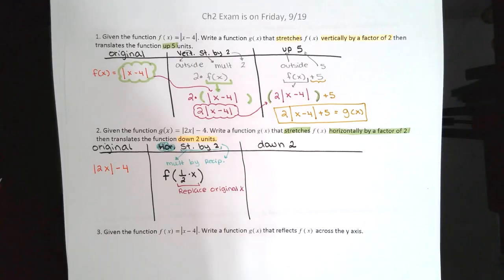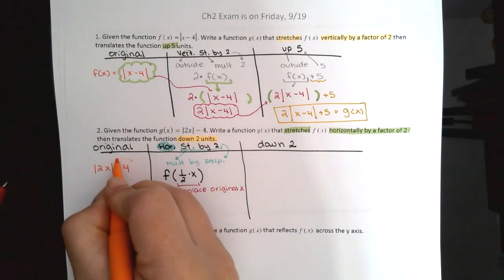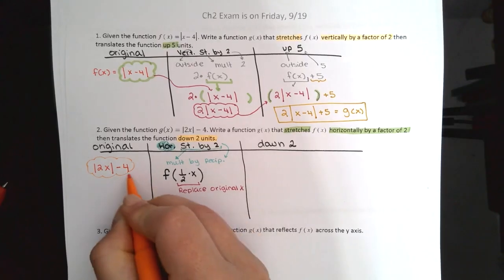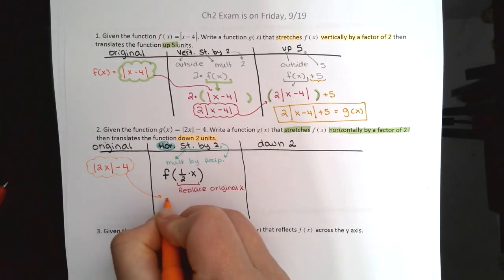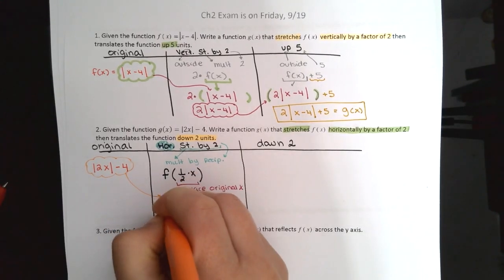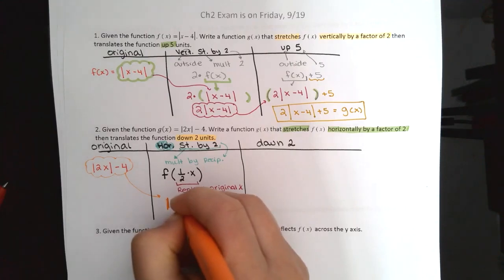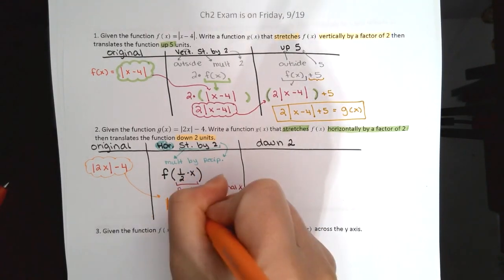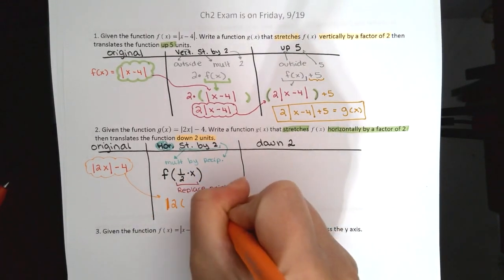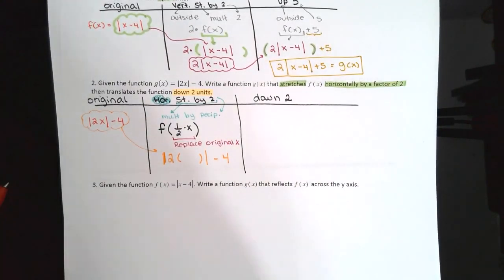What that looks like is you're going to take your function. So our function here is the absolute value of 2. Notice how I opened up for my original x location.